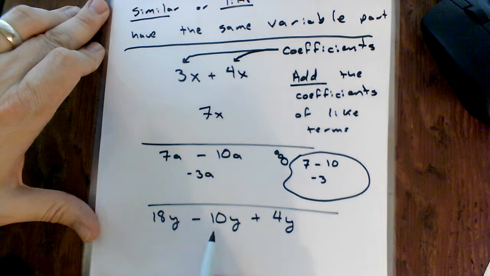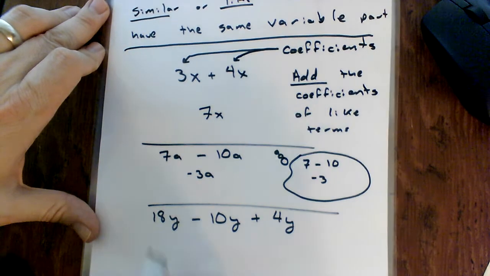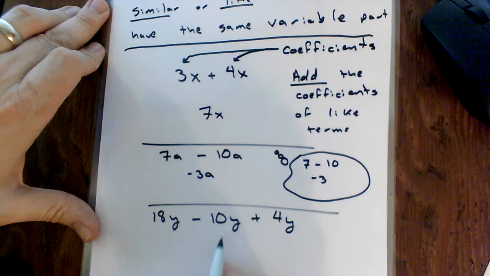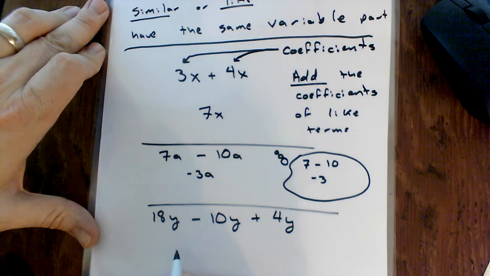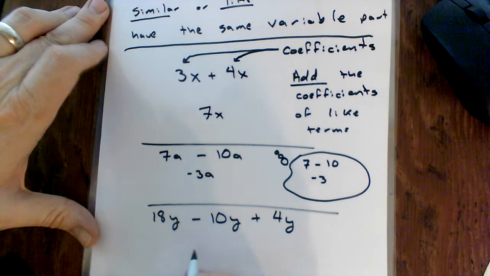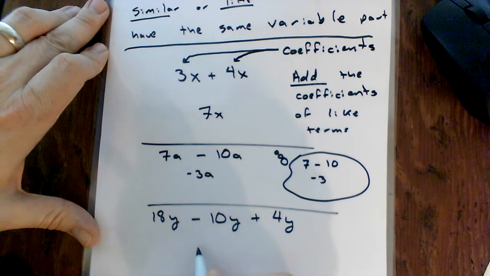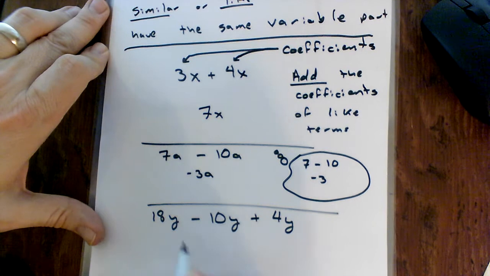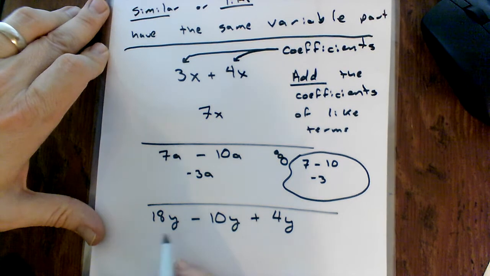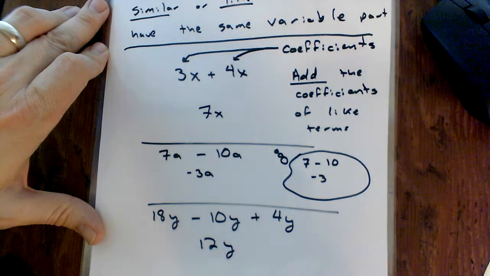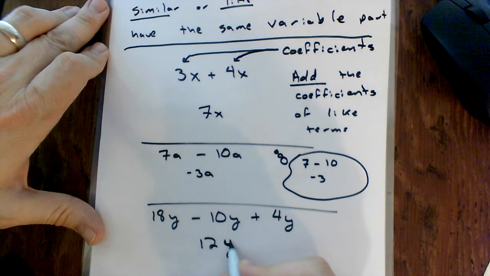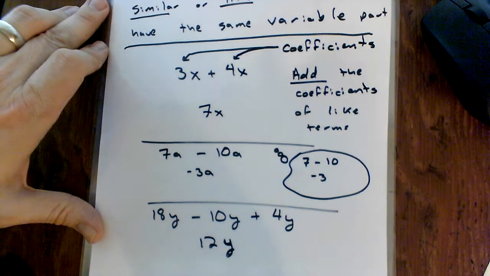So 18 minus 10 is going to be 8. 8 plus 4 is going to be 12y. I had miswritten this in my notes over here. Alrighty.